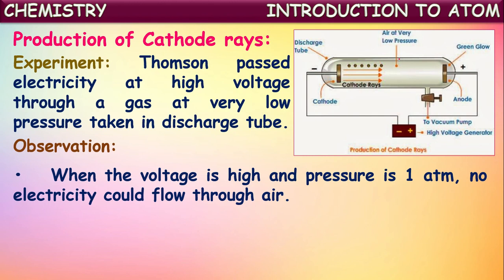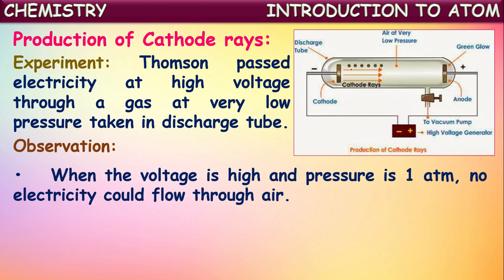So he took the discharge tube, passed a certain gas into it and maintained the pressure at 1 atmosphere. By passing high voltage electricity through this gas, no electricity passage was observed, because we know that at normal conditions gases are bad conductors of electricity. The gas taken inside the discharge tube won't pass electricity if the pressure is maintained at 1 atmosphere.